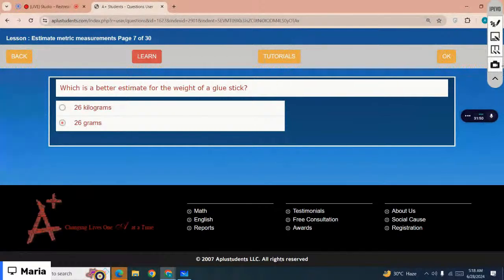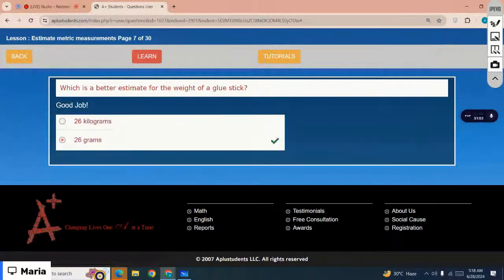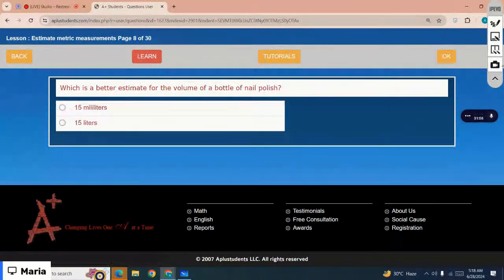Option number two is the correct option. Which is a better estimate for the volume of a bottle of nail polish?